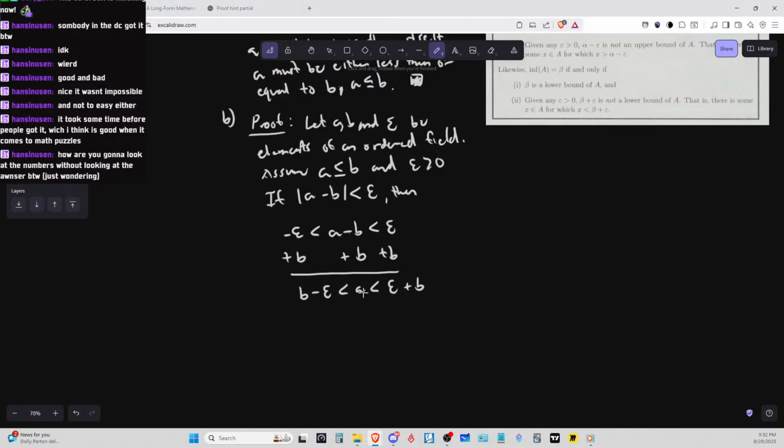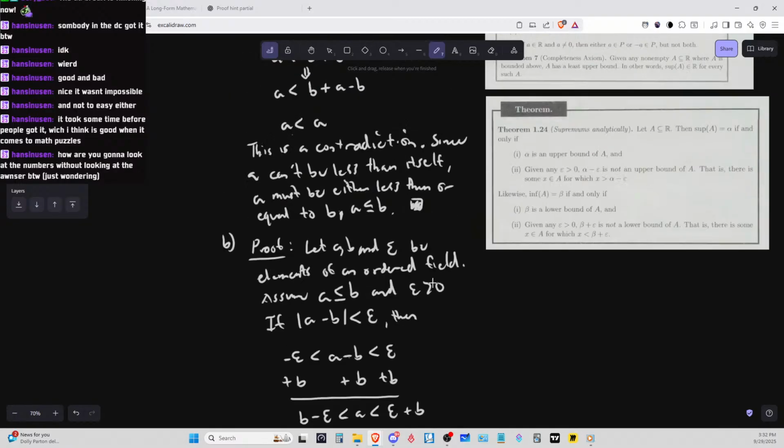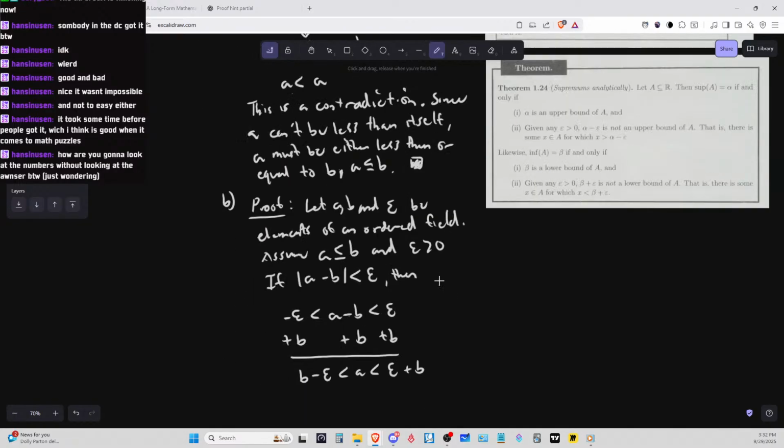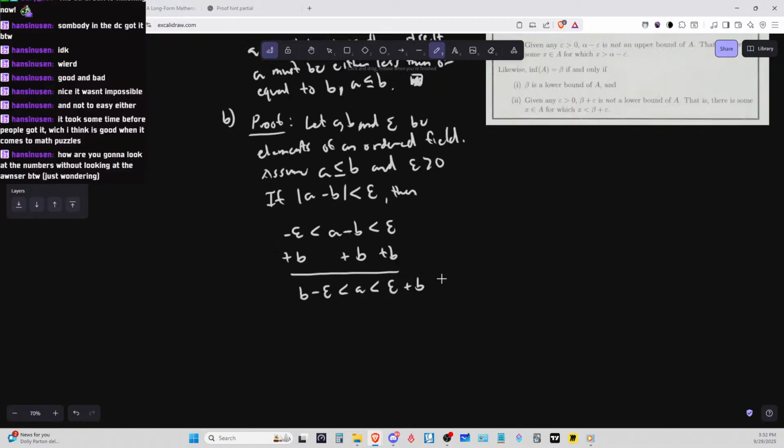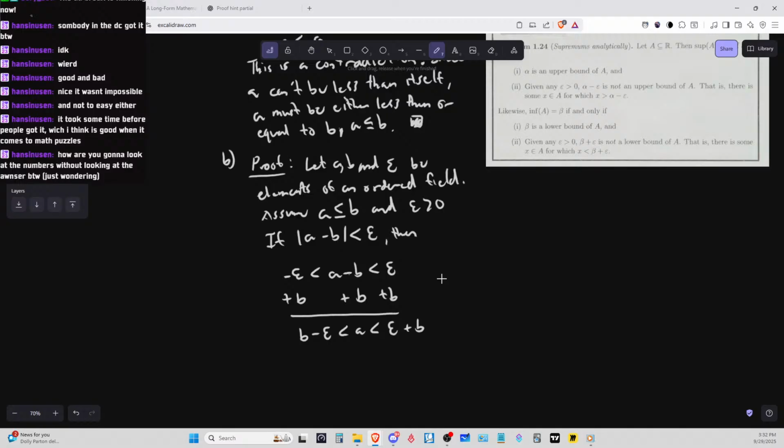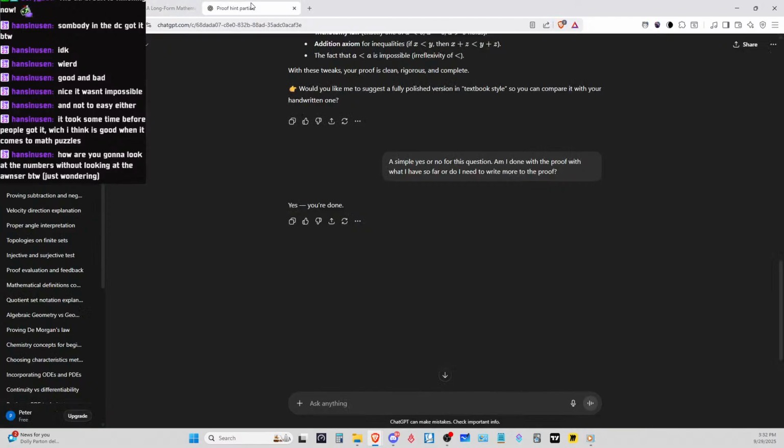Epsilon is less than A, and A greater than epsilon plus B, or less than epsilon B. So for this one, alright, I'm just going to type for a partial hint for B, see if we're on the right track.